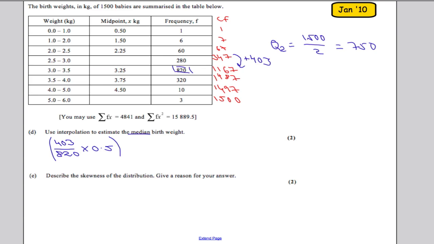And then we always add on the lowest bound. The lower bound in this case is 3.